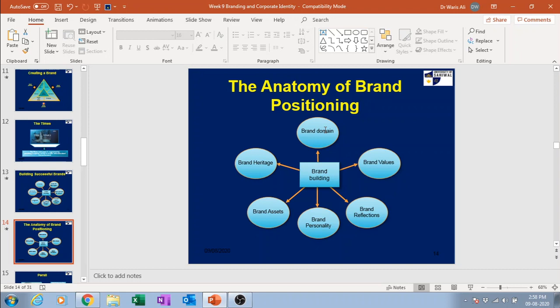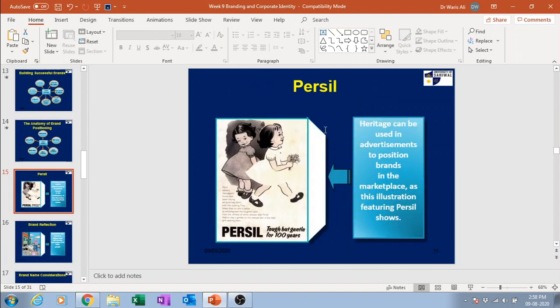They might consider it an energy drink, or healthy, or whatever; they consider themselves while purchasing that product. And that is called brand positioning anatomy. So keep in mind these parameters in order to develop the brand positioning.